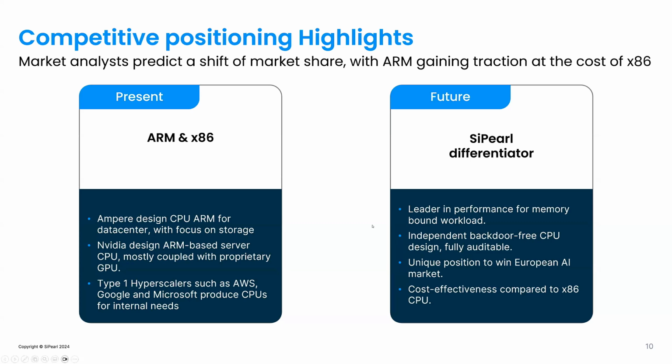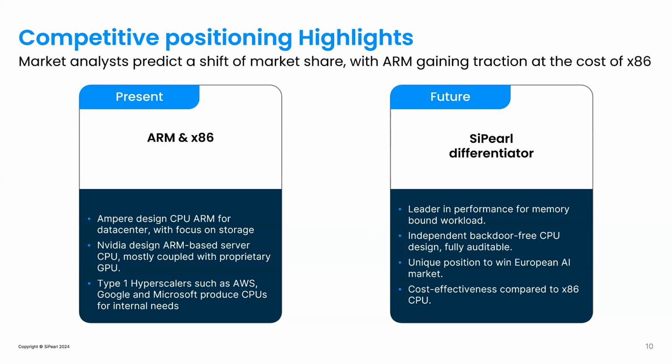What we see in the future is that we at SiPearl will have our first CPU, which will differentiate compared to what we have at the moment in terms of ARM and x86. We will differentiate because, thanks to the stack of HBM embedded in the CPU, we will be the leader in performance for memory-bound workloads.